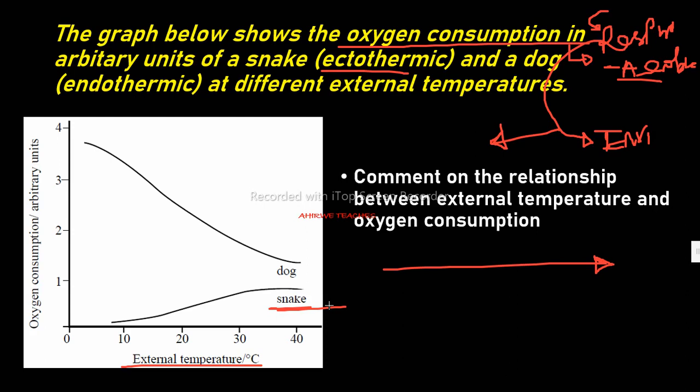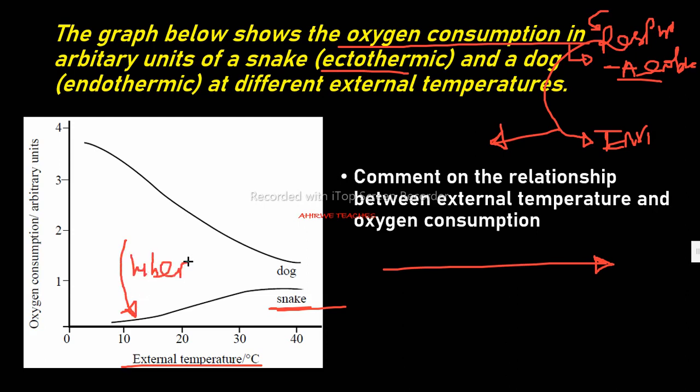And if the environmental temperature decreases, then the body temperature also decreases. And so we saw that one of the mechanisms for ectotherms to survive at extremely low temperatures is that they undergo what we call hibernation.